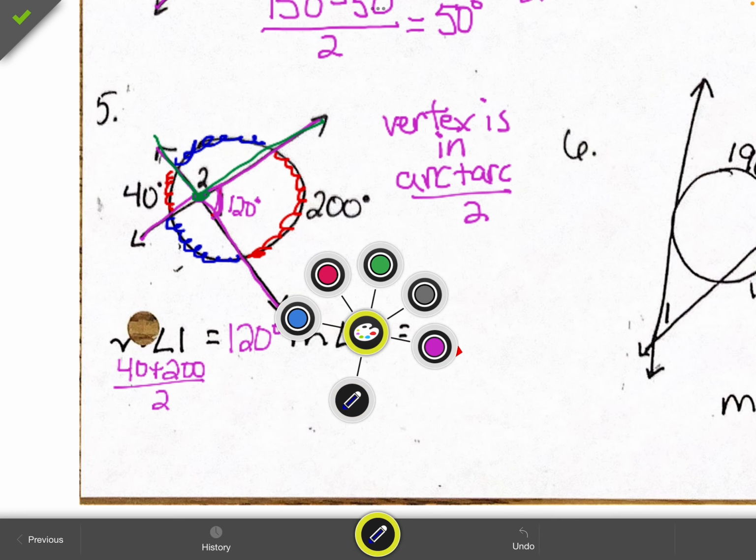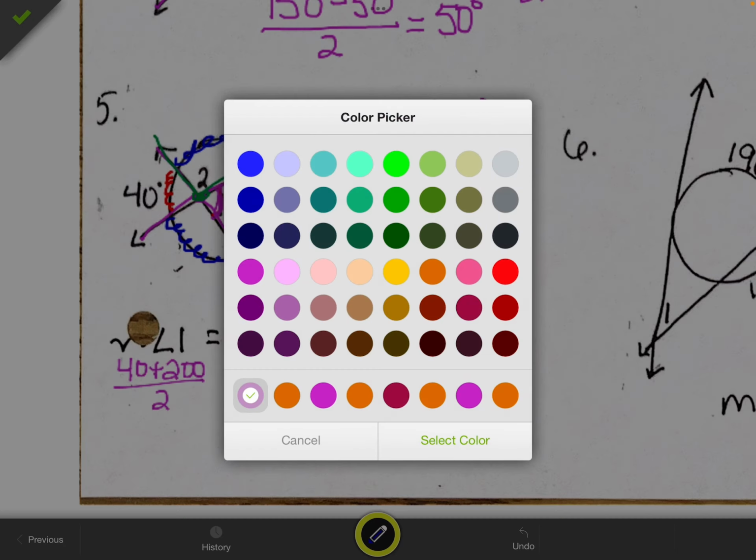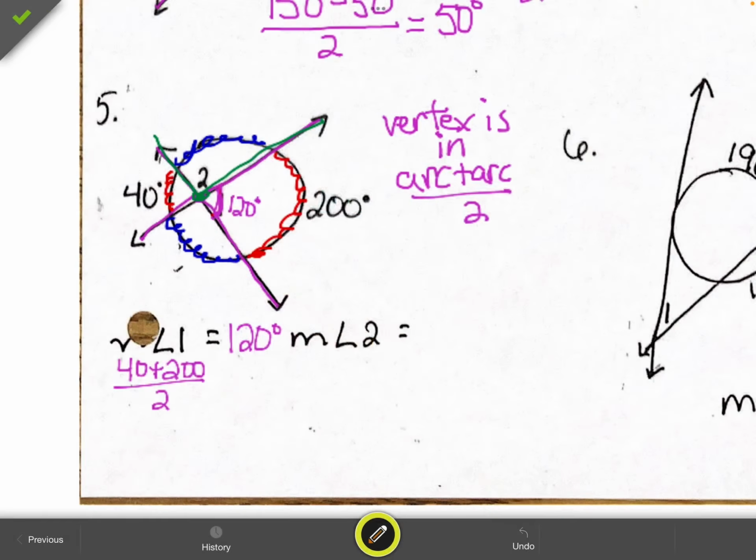So remember, linear angles are next to each other and make a straight line or a straight angle. So if we look, let me change colors. If we look at angle 2, there's angle 2. It's next to or adjacent to angle 1, and they make this straight angle. Okay. Remember, straight angles measure how many degrees? 180.